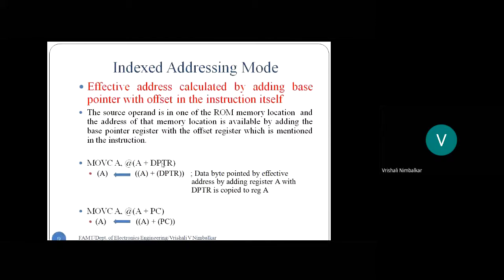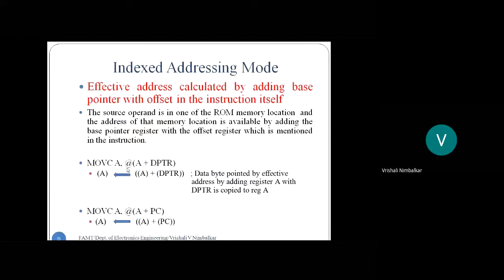That DPTR address gets added with the number in accumulator and the new address is calculated, which we call the effective address. So the address from DPTR gets added with the data in accumulator and the new address is generated and the data pointed by this address is copied in accumulator.